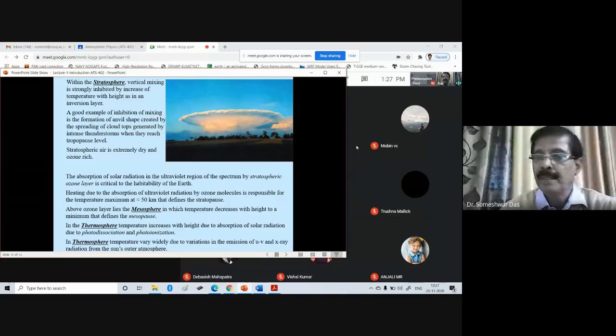In the thermosphere, the temperature varies widely due to variations in the emission of UV and X-ray radiation from the sun's outer atmosphere. As we said, the temperature increases with height in the thermosphere. So these are the variations of temperature in different layers of the atmosphere up to about 100 kilometers.